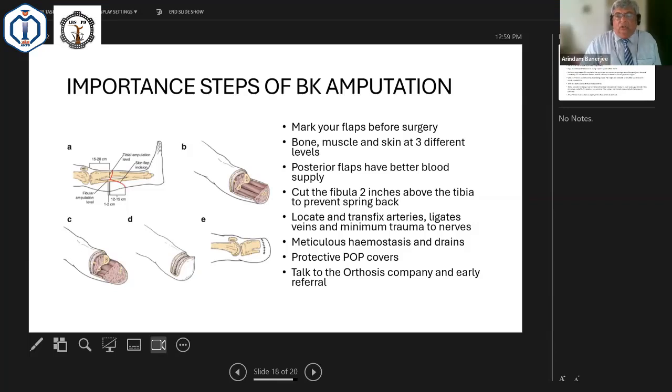And when you're doing the arteries, the arteries will not have a very good blood flow in diabetic patients, but make sure you locate the arteries properly and you transfix them with sutures. I often do that at 2 separate levels, because if it slips, it will bleed post-operatively, and you don't want that.